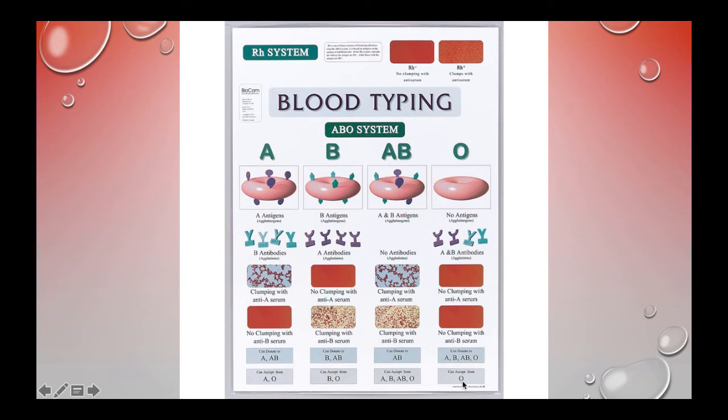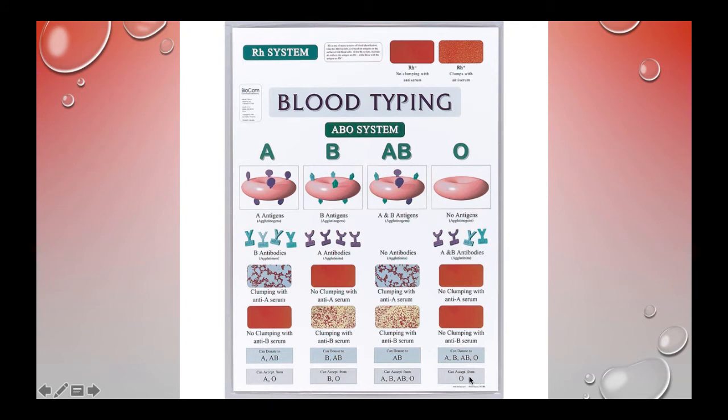So again, here, type O can only accept blood from type O. We can't be given the vice versa scenario. You can't be given type A blood, because if you're given type A blood, then you're going to see mass agglutination, mass clotting. And so when you're talking about who you can donate to, type O is the universal donor.